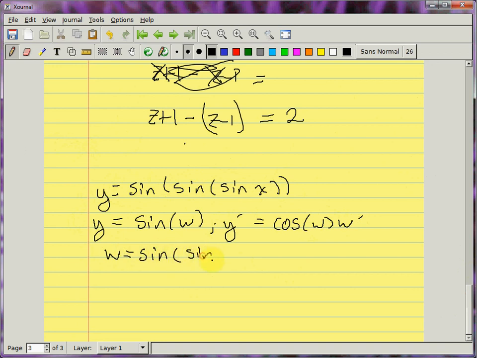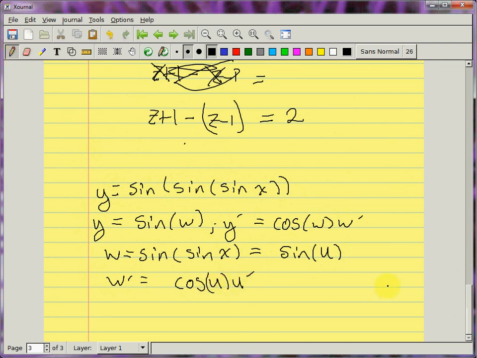So w is standing for this, and now you do w prime, and this thing is itself sine of some stuff, so use another letter. If you take the derivative here, it's going to be minus cosine, sorry, it's not minus cosine, it's positive cosine of u, and then times u prime.